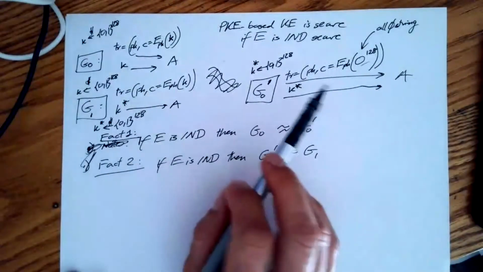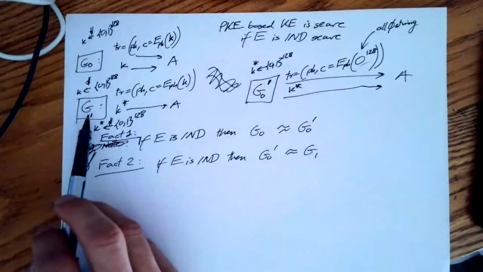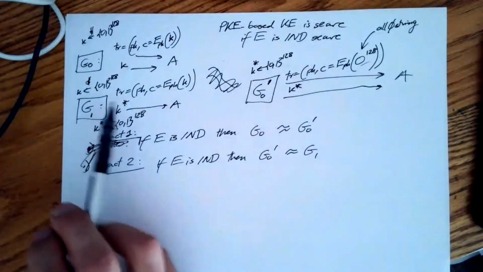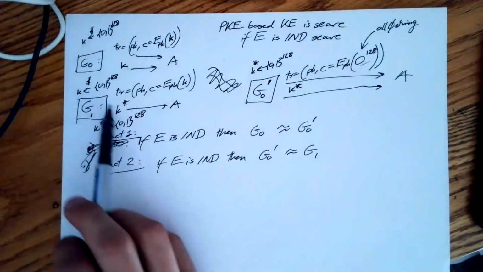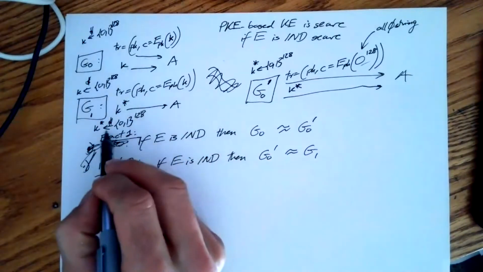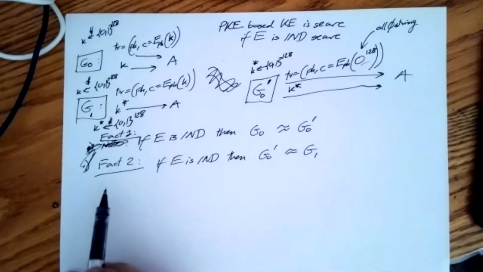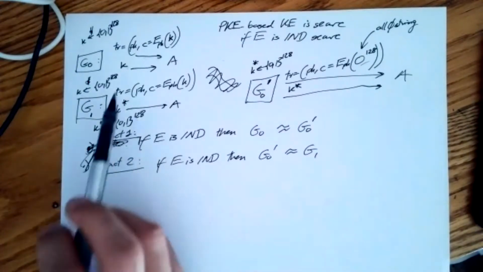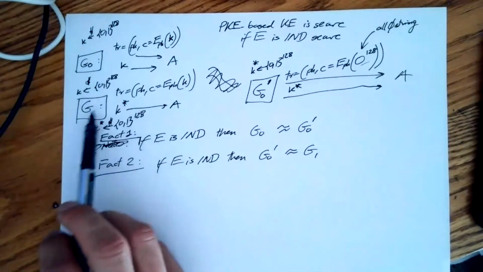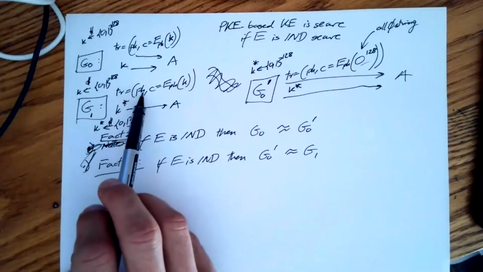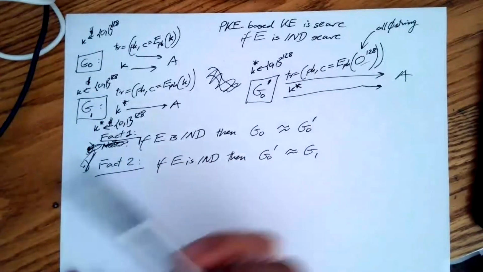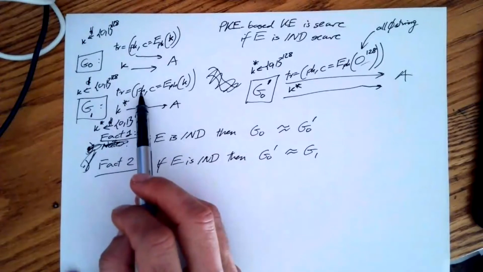What is the difference between G0 prime and G1? In both cases, some key is chosen and given to the attacker. Independently from that, PK is chosen using the standard key generation algorithm in both cases.